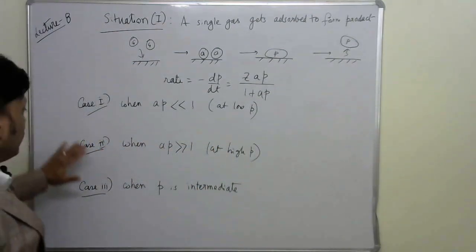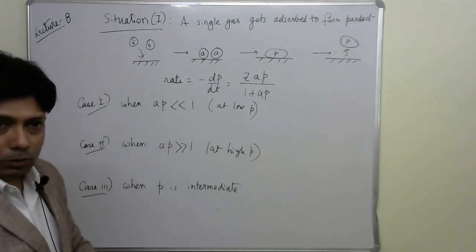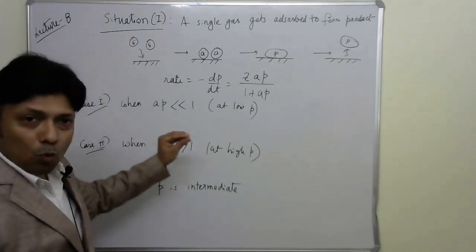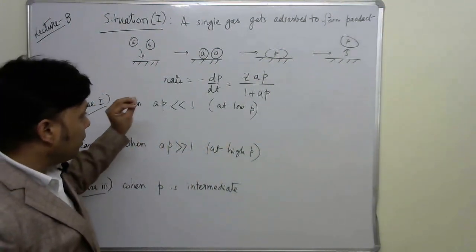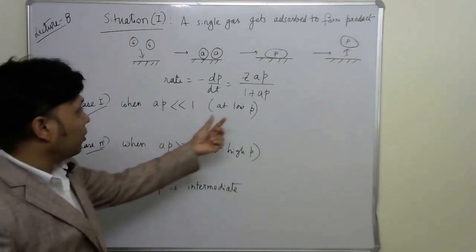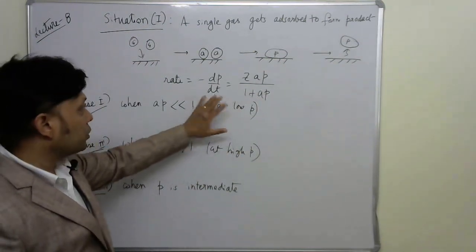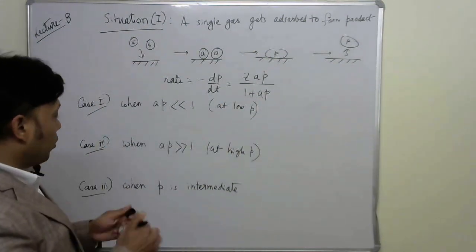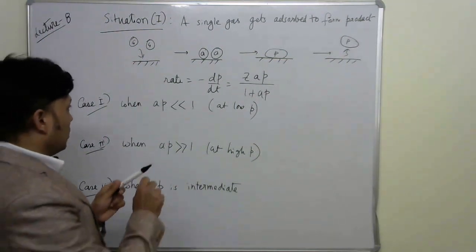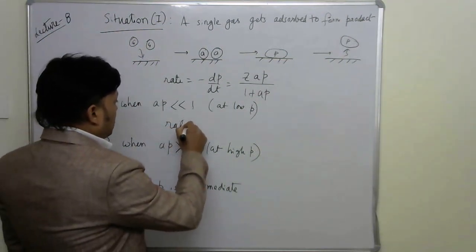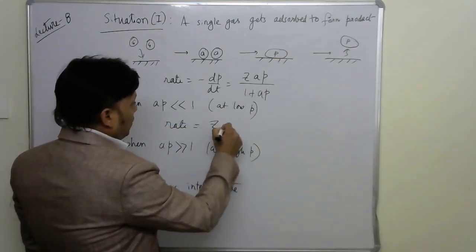Now there are three different cases possible. In one extreme, at very low pressure, the product AP becomes negligible with respect to 1, so the rate becomes equivalent to ZAP.